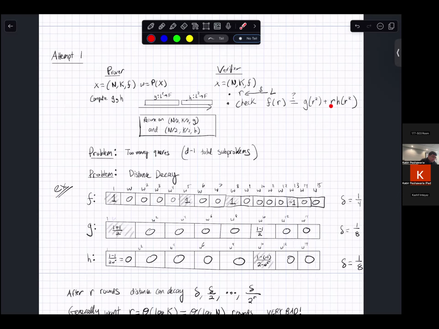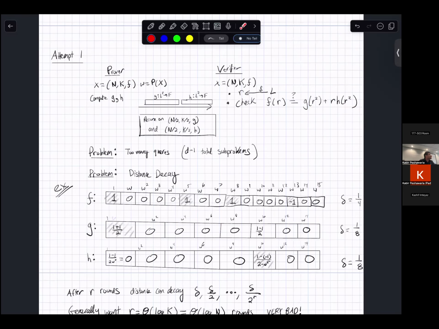It's using a polynomial identity test. Is this g and h actually related to f in the way that you're claiming? You want to reduce f to g and h. So as a verifier, I ask: is this reduction correct? So I check you. There's a chance this check fails, but it's a check to make sure that there's some semblance to you trying to convince me that you should be able to reduce this problem to g and h.